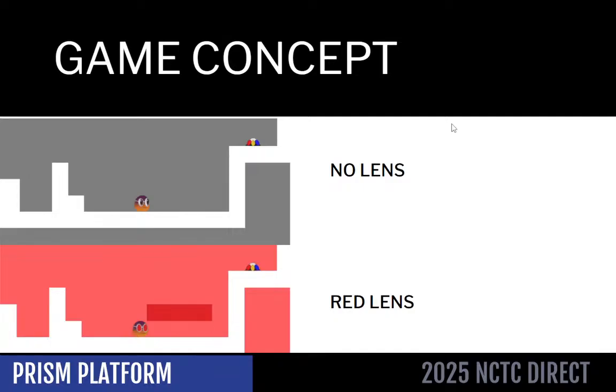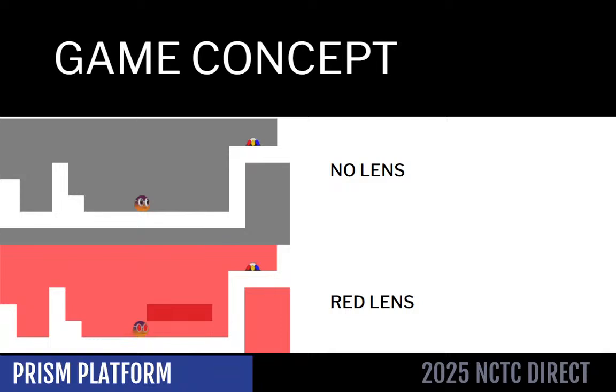Okay, so the game concept of Prism Platform is seemingly quite simple. Your character has a magical pair of glasses that, by swapping the lenses in them, will reveal various elements of the level to interact with. Despite the simplistic nature of our game's gimmick, it can allow for some very interesting puzzles for the player to solve.